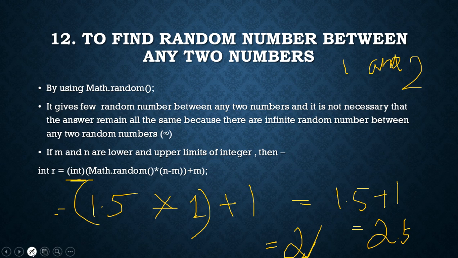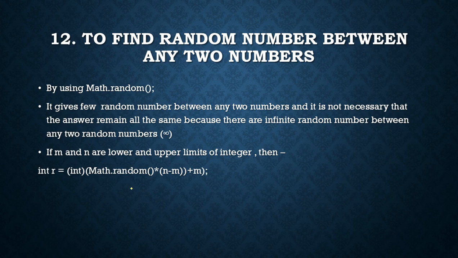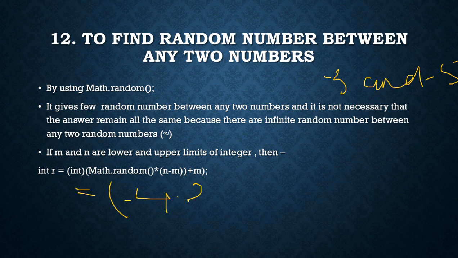Suppose I give you another pair, minus 3 and minus 5. A random number between them, suppose minus 4.2, times n minus m, that is minus 5 minus of minus 3, that is minus 5 plus 3, which is minus 2, plus m.